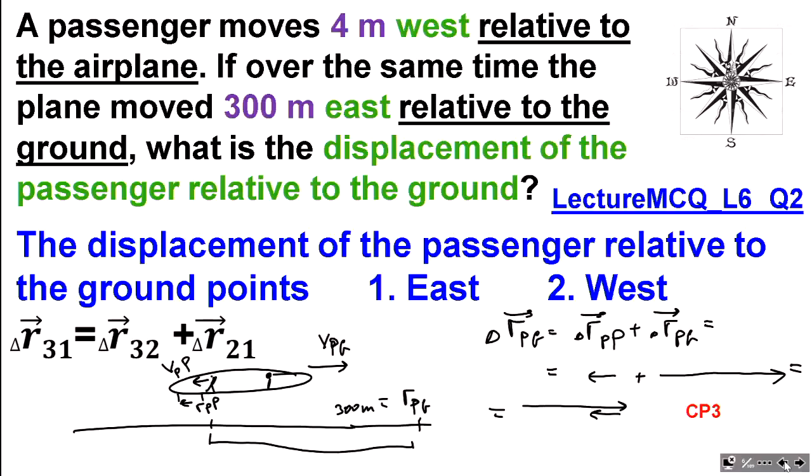And now we can draw the arrow which represents the displacement of the passenger relative to the ground. It points east. And of course, it is a little bit shorter than the displacement of the plane relative to the ground. By how much? By 4 meters. Any questions?